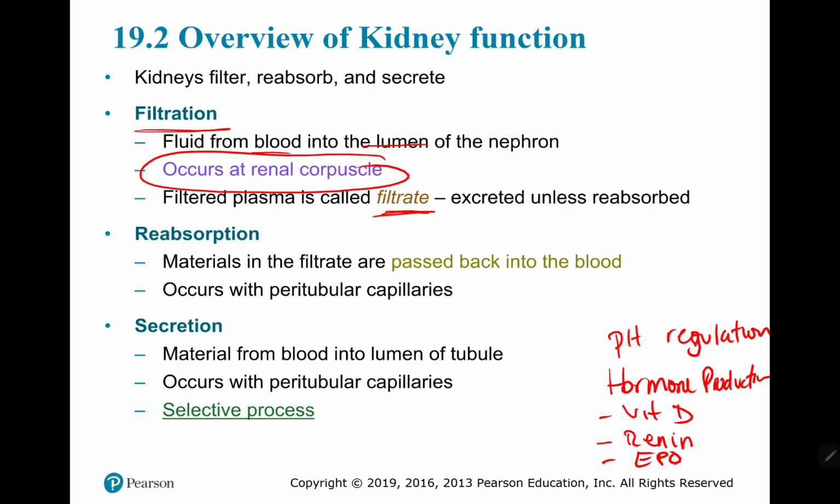And typically, you're not going to find large proteins, red blood cells, white blood cells, or anything like that in that filtrate, because those things are too large. They should not have passed through those barriers. And I'll talk about those barriers in a second, okay? But typically, you should find glucose, sodium, potassium, calcium, things like that, right? Would have been easily filtered over.